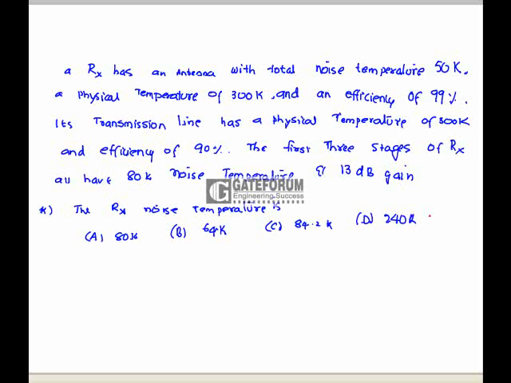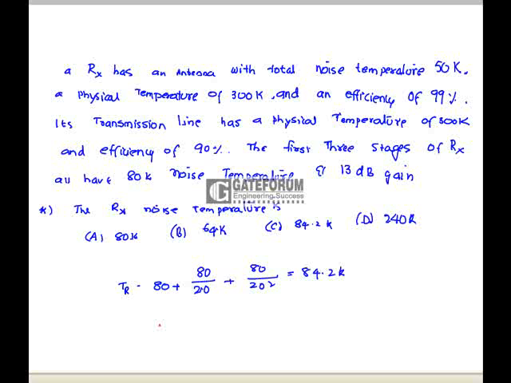Receiver has an antenna with a total noise temperature of 50 K and the physical temperature of 300 Kelvin and an efficiency of 99%. Its transmission line has a physical temperature of 300 Kelvin and efficiency of 90%. The first 3 stages of receiver all have 80 K noise temperature and 13 dB gain. The receiver noise temperature is 80 plus 80 divided by 20 plus 80 divided by 20 square, which equals 84.2 Kelvin.